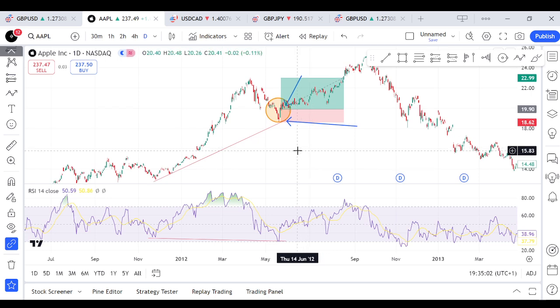They call it a hidden bullish divergence because the RSI is actually below 30, and this is not a classic divergence. You can see price giving us that push from there to the upside to break structure.